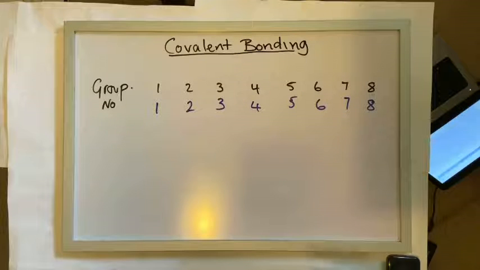It's easier for atoms in group 5 to gain 3 electrons, atoms in group 6 to gain 2, and atoms in group 7 to gain 1. Okay? This is called the valency.